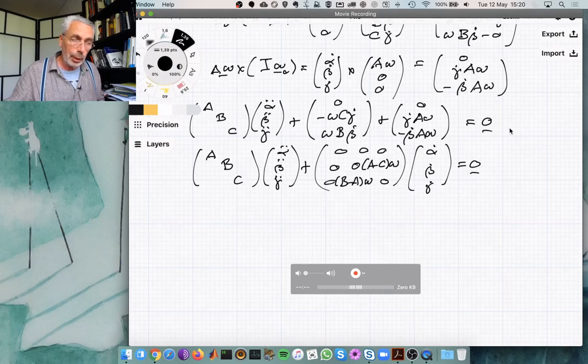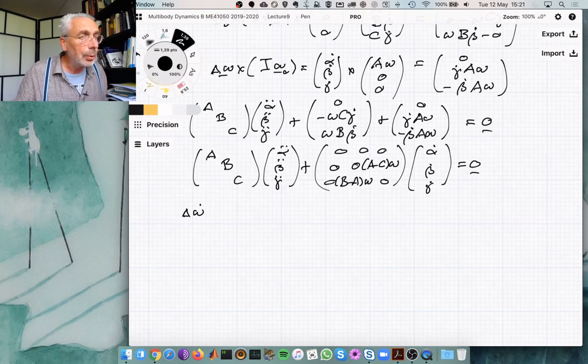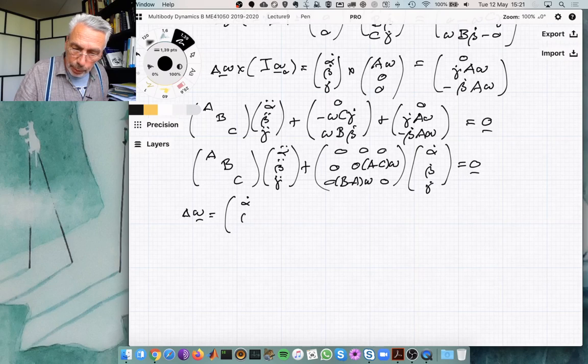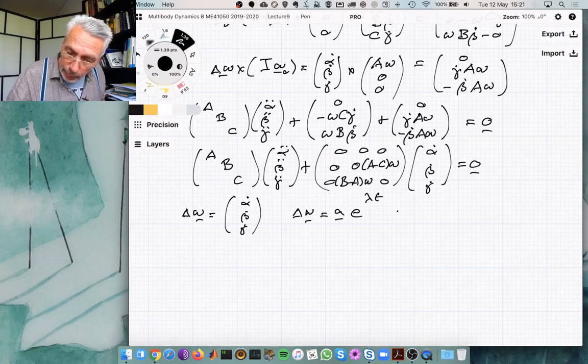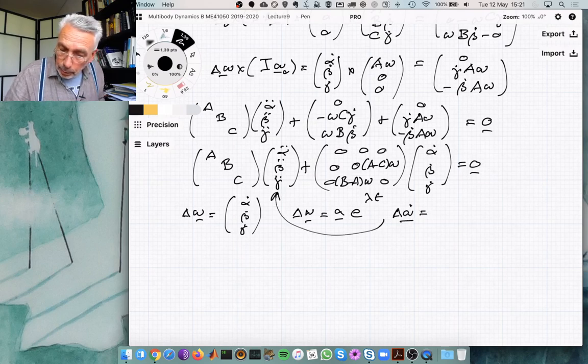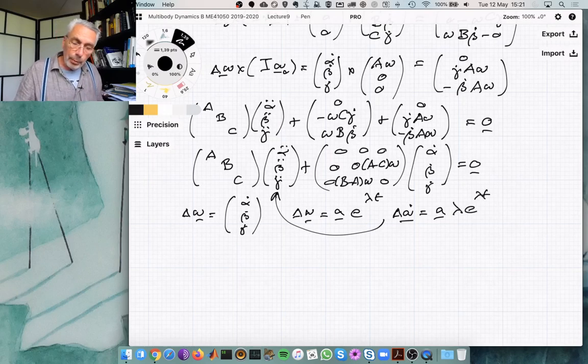And then you can assume that your delta omega vector, which is alpha dot, beta dot, gamma dot, has some exponential form, so it's some amplitude times e to the power lambda t. And then delta omega dot is some amplitude times lambda times e to the lambda t. So everything remains the same.